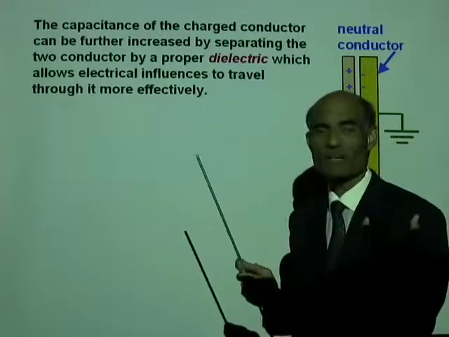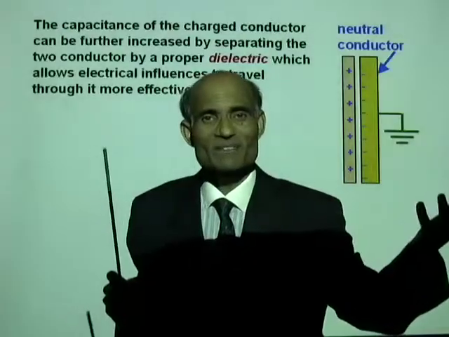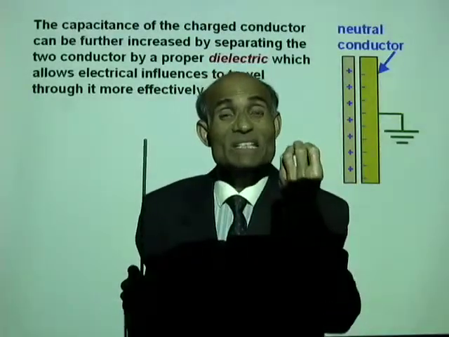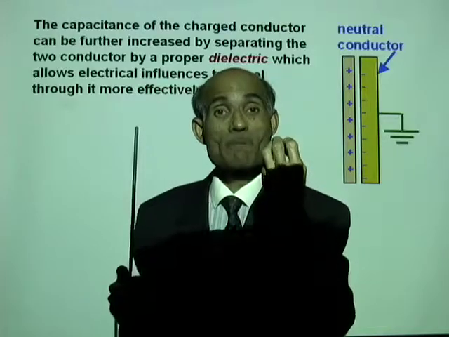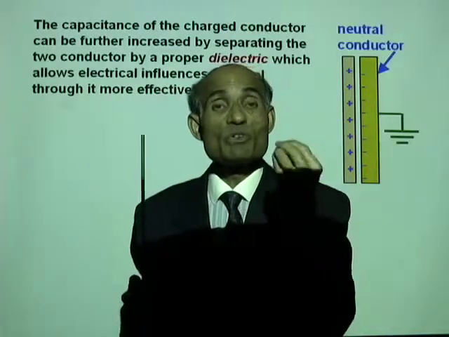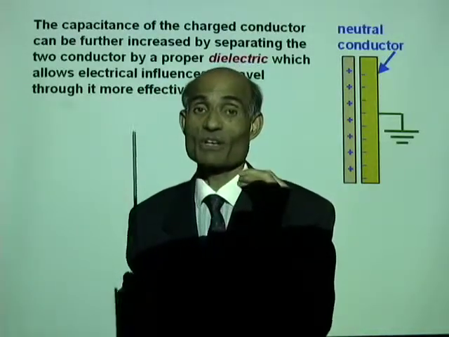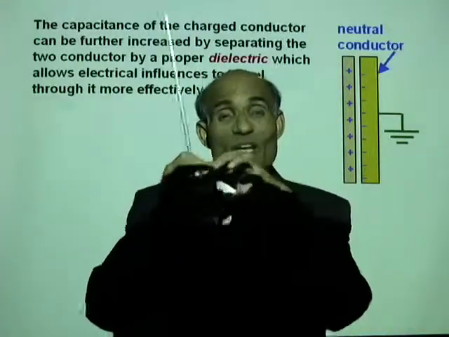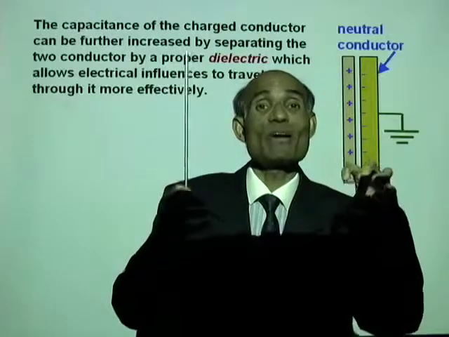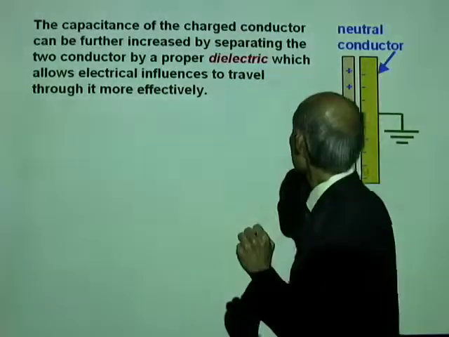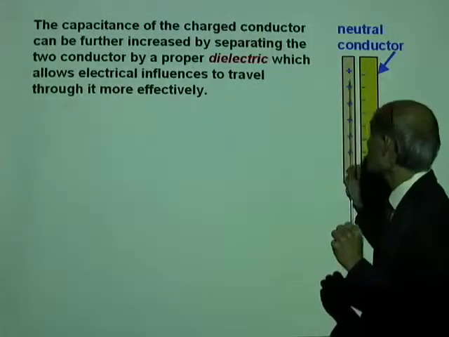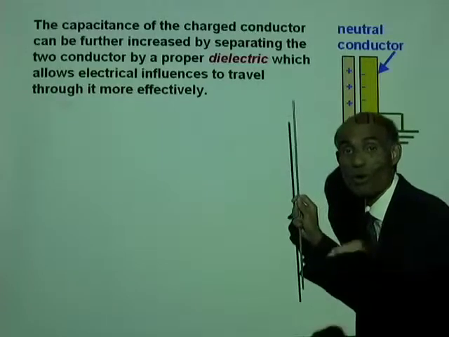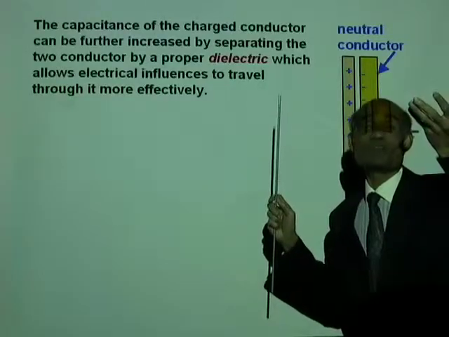What's a dielectric? We talked about that in the last class. A dielectric is an insulator. If you use a proper dielectric, which will transfer the electrical influence in a much more efficient way, then we can reduce the potential of this conductor even more and increase the capacitance.